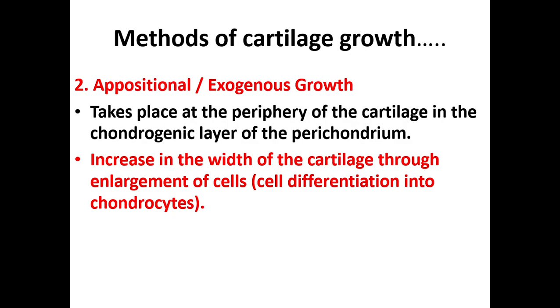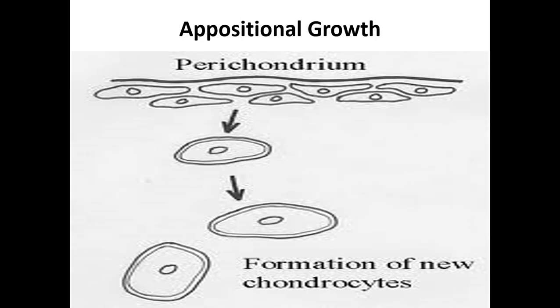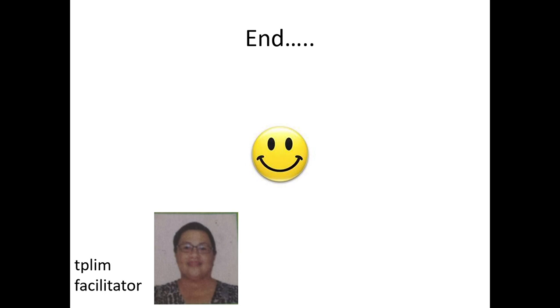In this process, there will be an increase in the width of the cartilage, and the growth here will involve the chondrogenic layer of the perichondrium, wherein we have young cells which will grow in size, increasing the width of the cartilage. So that ends our topic for cartilage.